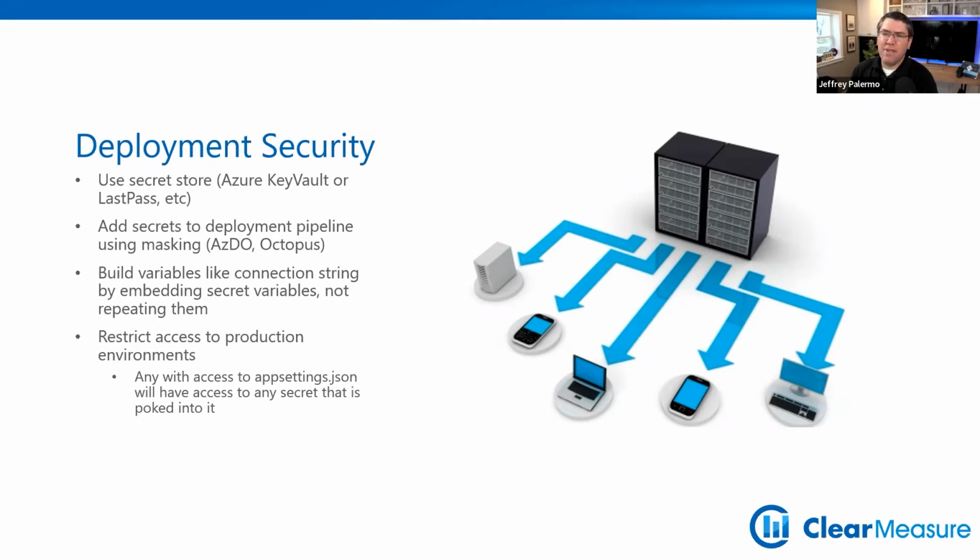They're only development level keys for an individual workstation that are totally meaningless outside, if somebody gets full access to the source code. You want to use some type of secret store, Azure Key Vault or LastPass, in order to store and retrieve and poke those settings in on the fly.